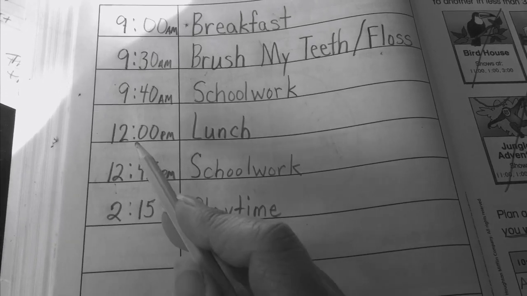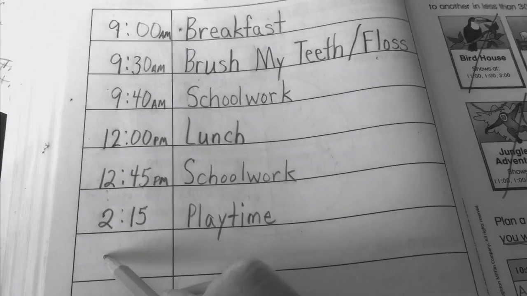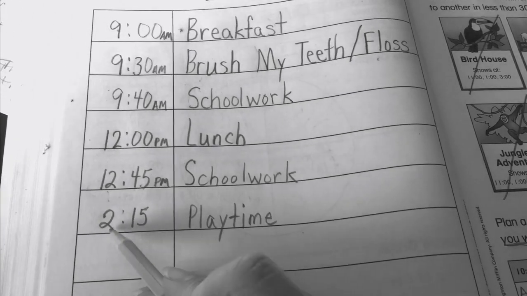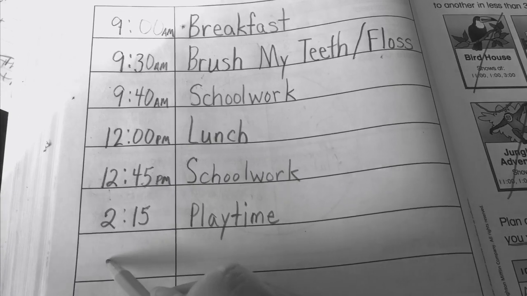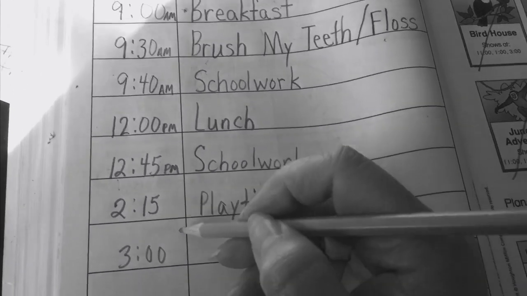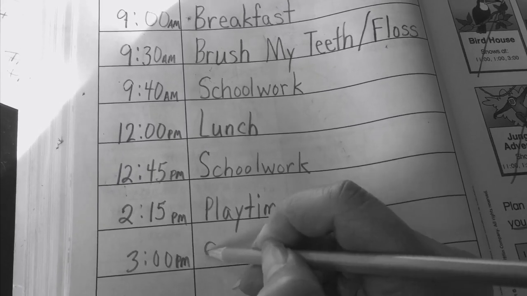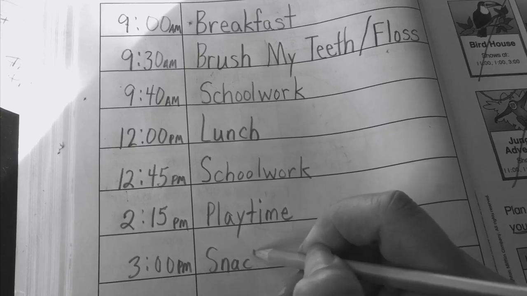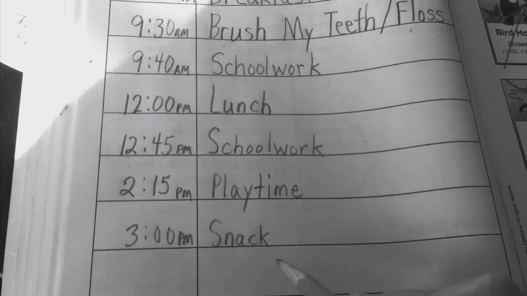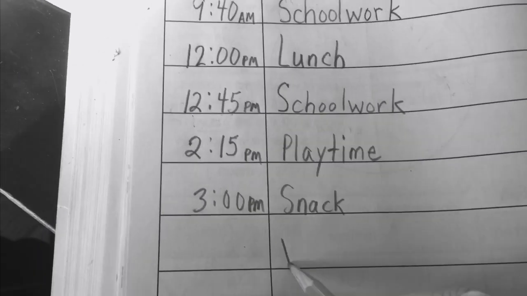So I have playtime. And then since I ate at 12, I'm probably going to do maybe at least 45 minutes of playtime. So maybe at 3 o'clock I can have a snack. Again, this is still PM. A snack, and then maybe after my snack I can go for a walk.